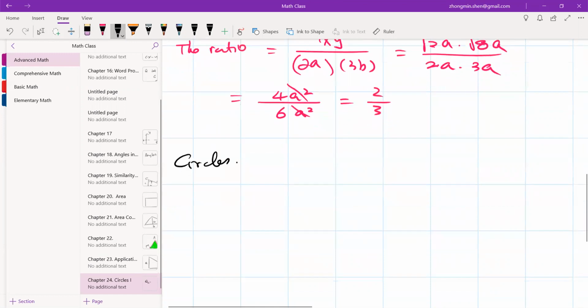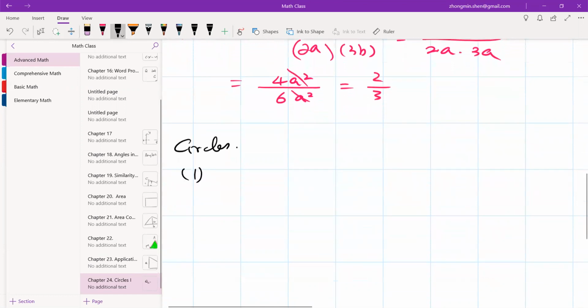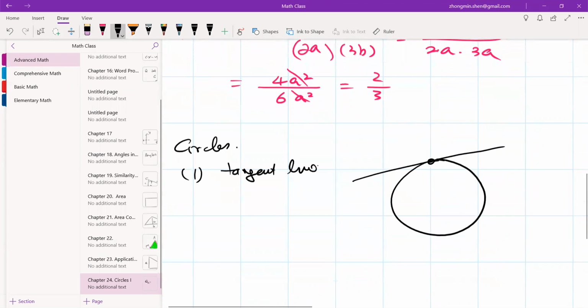The first thing we have to learn is the tangent line to the circle. If a line touches the circle at one point, then the line segment from the tangent point to the center must be perpendicular to the tangent line. This is an important property. You have to use it very often when you're dealing with circles.